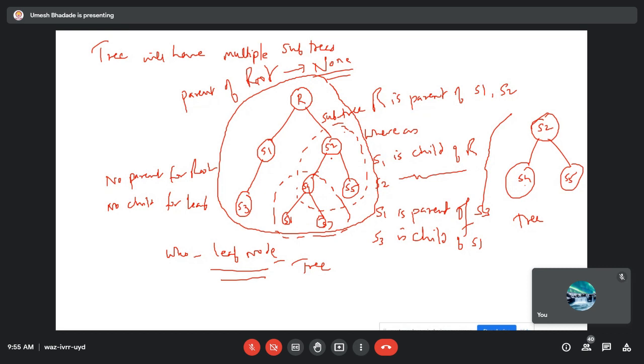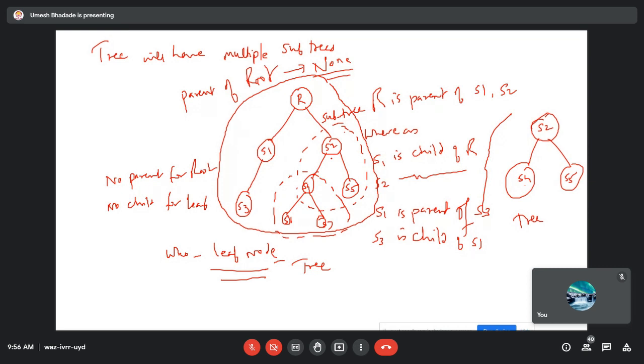So what we have seen: a root node is there, intermediate nodes are there, leaf nodes are there. Root node does not have any parent, leaves do not have any children, and intermediate nodes have both parent as well as children. A tree consists of multiple subtrees. And what do we mean by path?